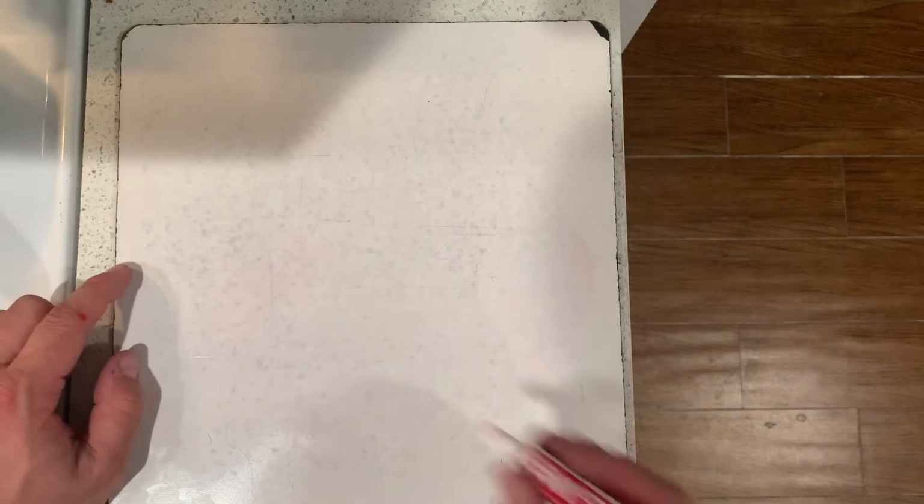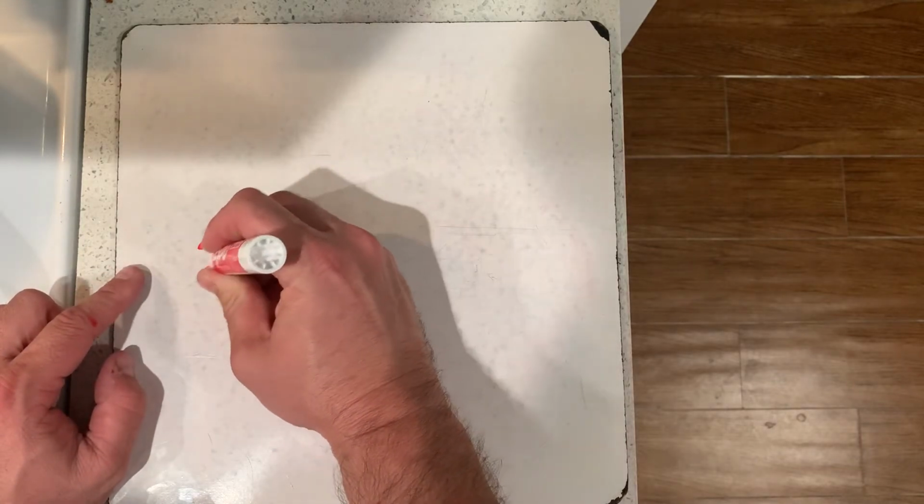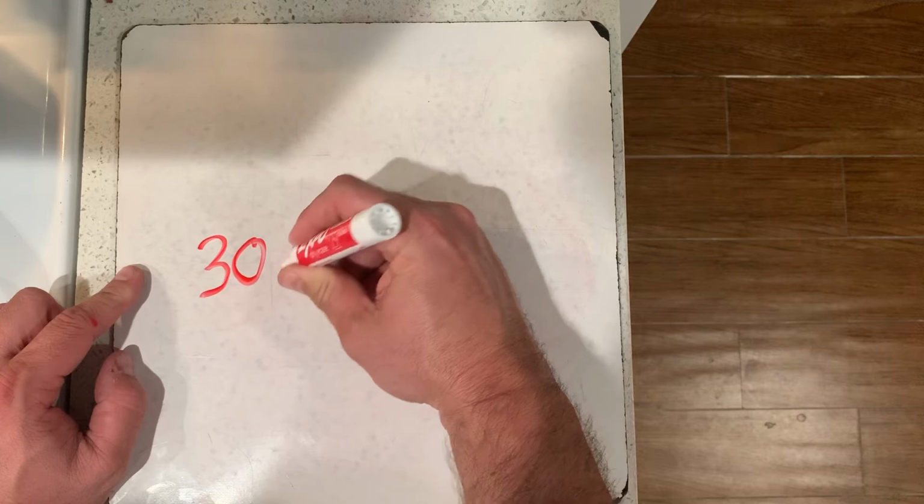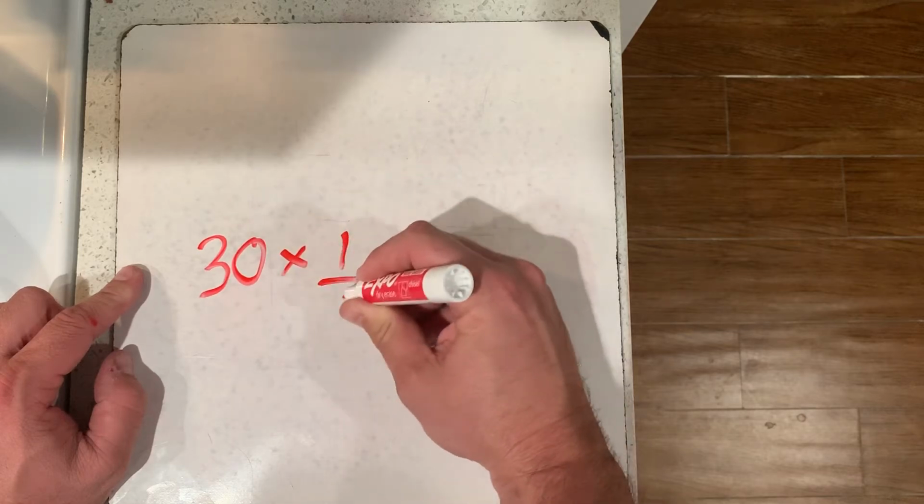So the rule you have to know to multiply whole numbers and fractions is, when you see the whole number, you got to rename the whole number as a fraction with a denominator of 1. Here's an example: 30 times 1/3.